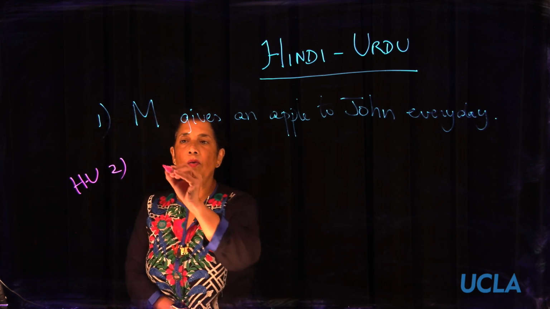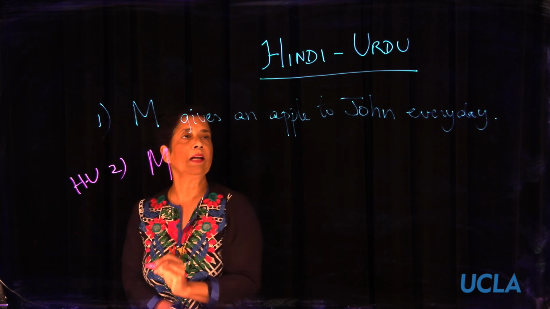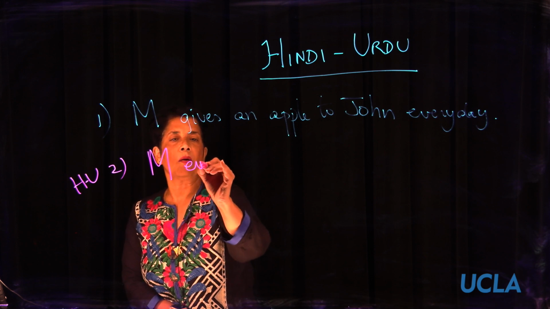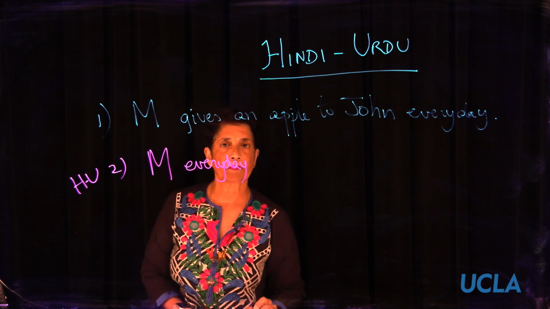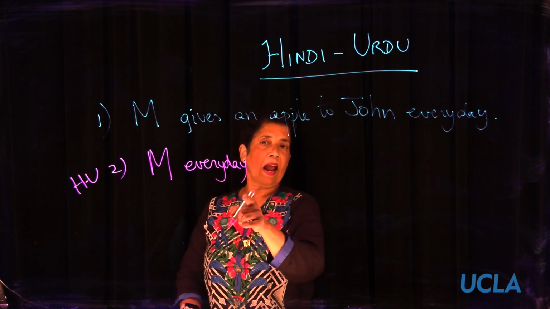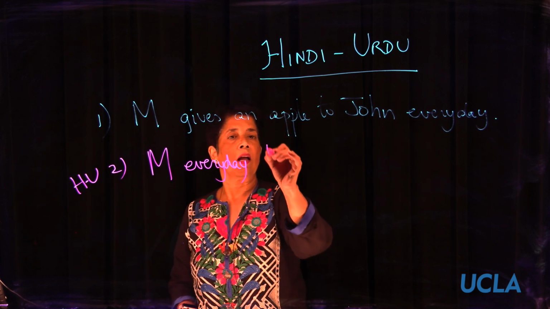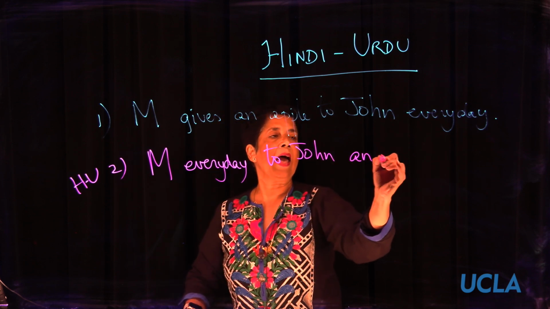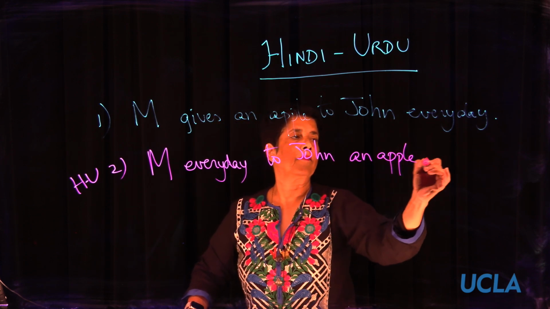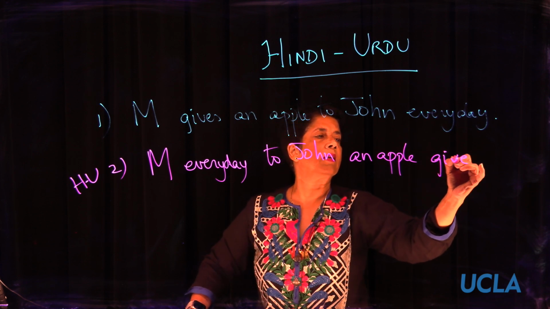In Hindi-Urdu, we will get Mary, okay, and we tend to put the adverb in the second spot. Mary, every day. Then we put in to John, an apple, gives.